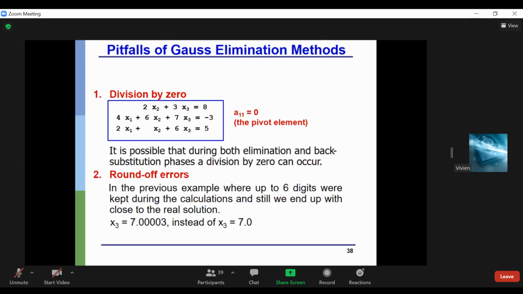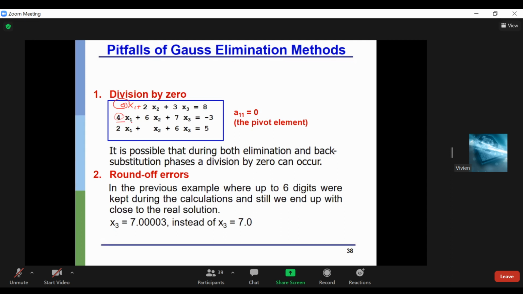Regarding this method, there are some pitfalls. First is division by 0. Say, for example, we have a first equation such as this one, in which the coefficient of x1 is 0. Now this becomes a problem because when we want to make 0 here, the pivot element is 0.